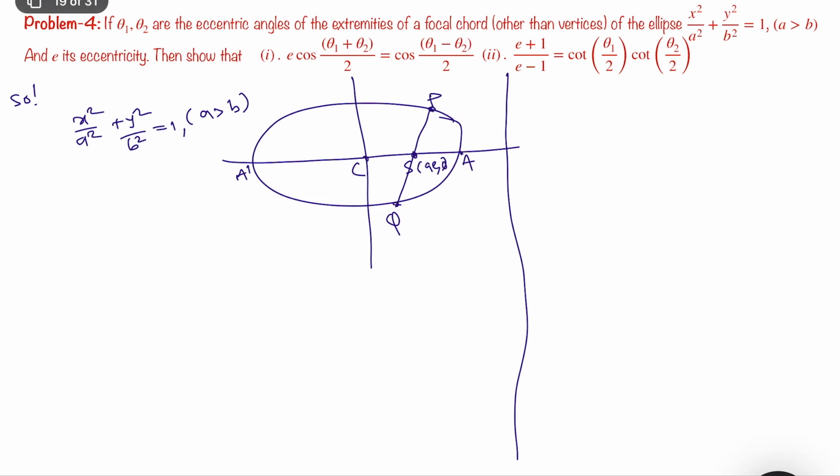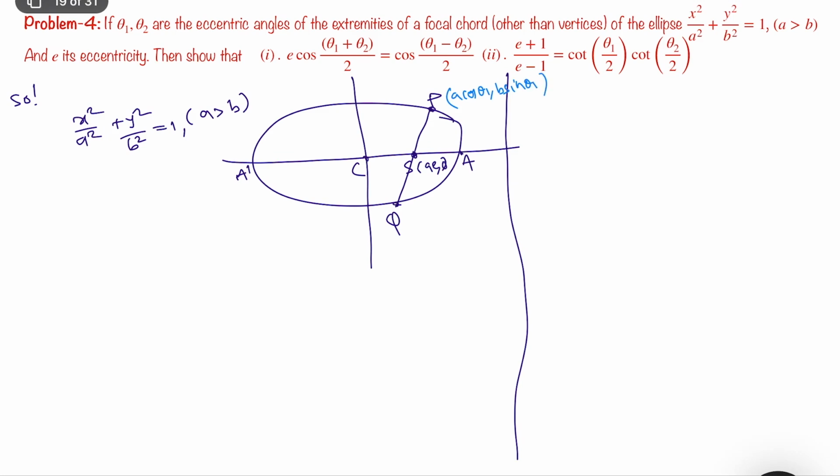Here theta 1, theta 2 are the eccentric angles of the extremities of the focal chord. Let us say theta 1 is the eccentric angle of the point P. Then in parametric form, the P coordinates must be (a cos theta 1, b sin theta 1).